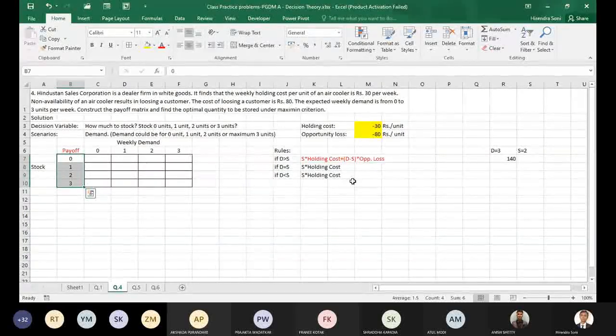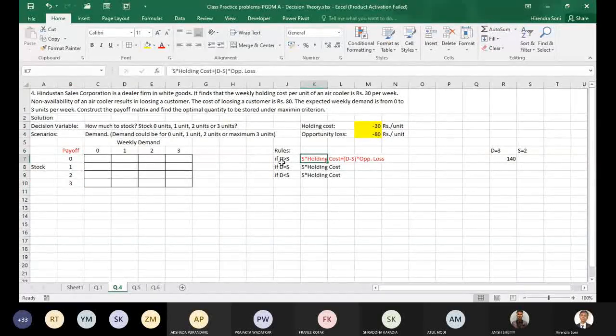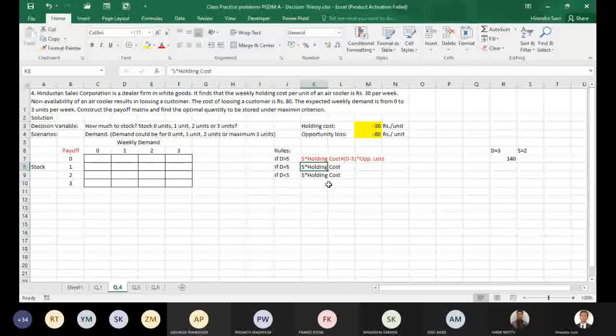So for those extra customers, you will have an opportunity loss. So your rule for the first one, if demand is greater than supply, then whatever you are stocking into holding cost plus whatever is excess, the opportunity loss cost. When the demand is less than or equal to supply, that time it would be only just the cost of holding. So stock into the holding cost. Fine. Are we okay up to this?